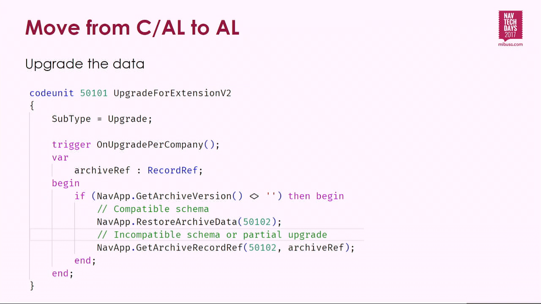So you can load data in your new extension from the existing tables, V1 tables, and migrate them to the new data sources. And this is important also for AppSource. So if you have V1 AppSource apps, you can use this approach to upgrade the data to the V2 app. On-premises, if you're migrating tables on-premises, you would basically have to manually transfer the data to the new data structures.